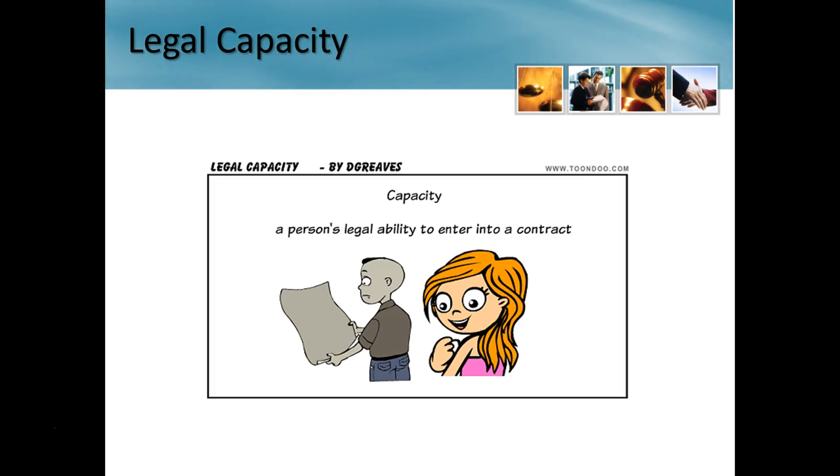Also, insane persons or people with unsound minds and/or mental impairment also cannot enter into any valid contracts. For example, a 15-year-old could not stay in a hotel since that person has not reached the age of majority and therefore has no ability to enter into a contract.